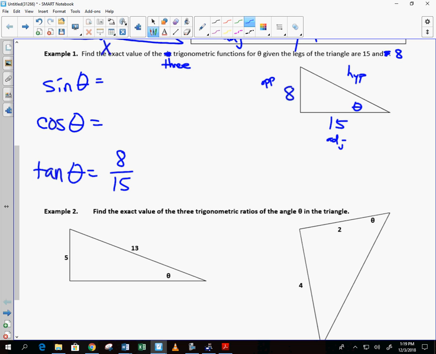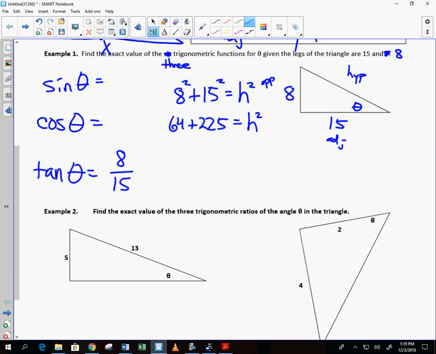What would I have to find in order to do cosine and sine? How do I find the hypotenuse? Pythagorean theorem. 8 squared plus 15 squared is the hypotenuse squared. 8 squared is 64. 15 squared is 225.